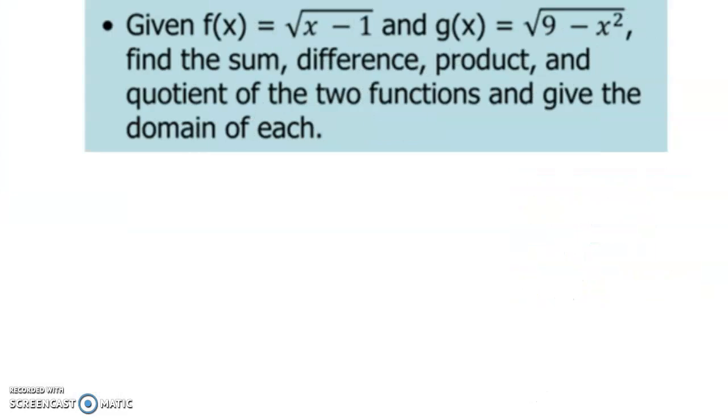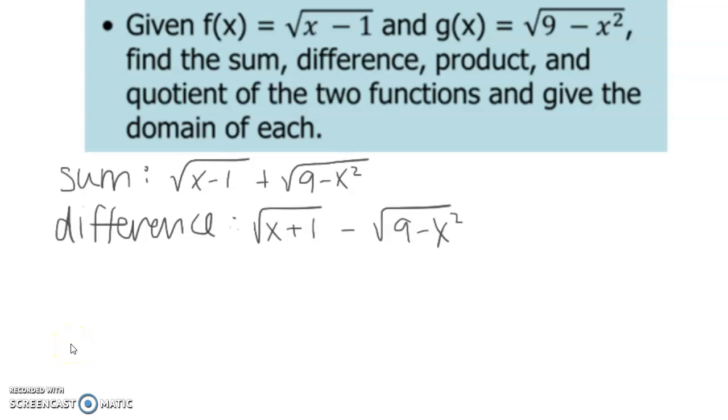Go ahead and look at this next one and see if you can set up your sum, difference, product, and quotient. Don't make these harder than they have to be. So on my sum and my difference, I cannot simplify or combine those two radicals, so I just have to keep them separate.